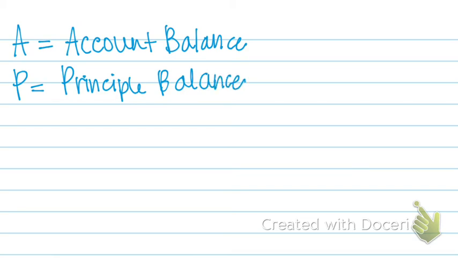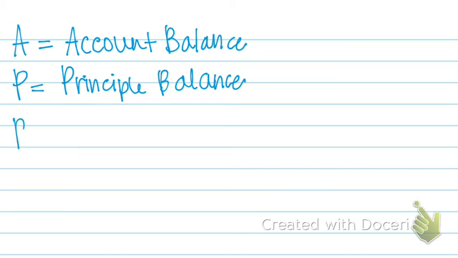What's the difference in my account balance and my principal balance? If I ask you how much money's in your savings account, you're going to tell me an overall total, an overall big number. If I just ask you for your principal balance, that's just kind of like me asking what's in your pocket right now. What are you starting out with?